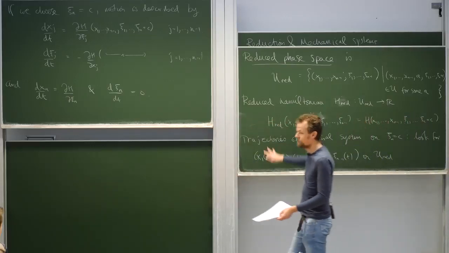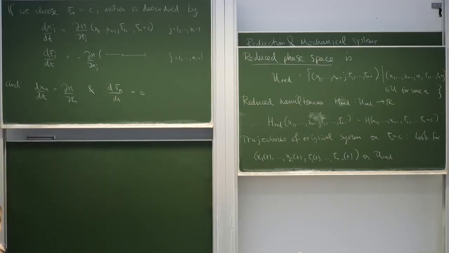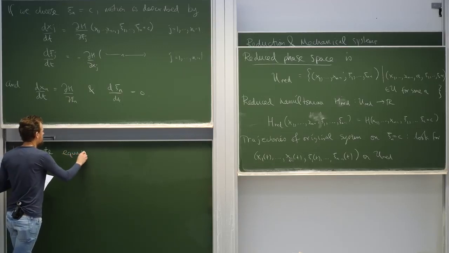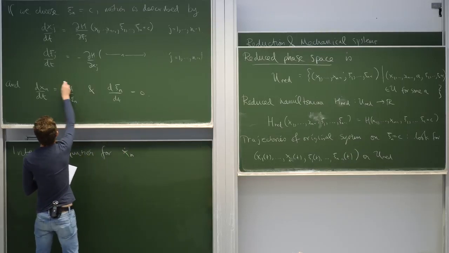So solve the system on the reduced space. You've spent the symmetry. You have a smaller system, a smaller number of independent variables. Solve it there. And then you want the original trajectories. And how do you get them? Well, you just integrate this equation here.